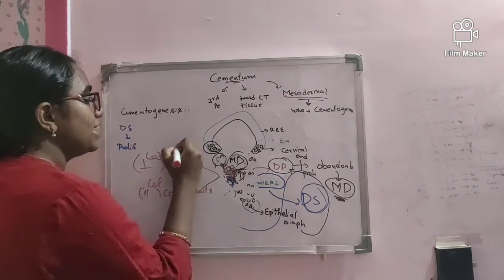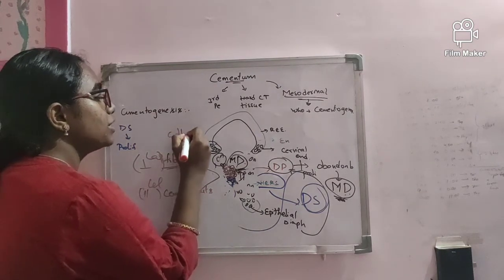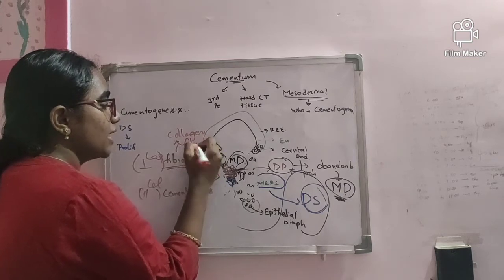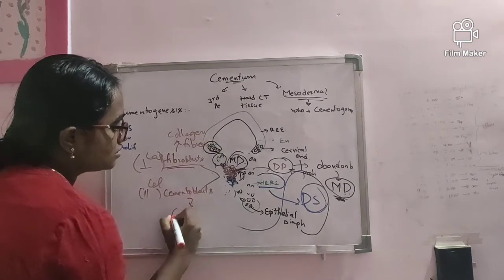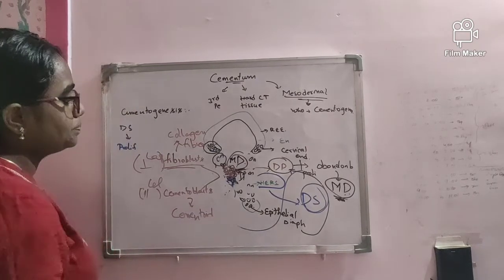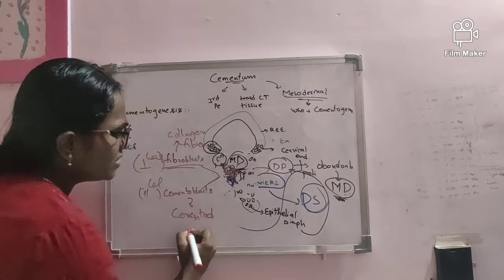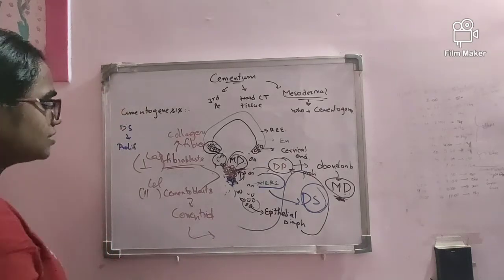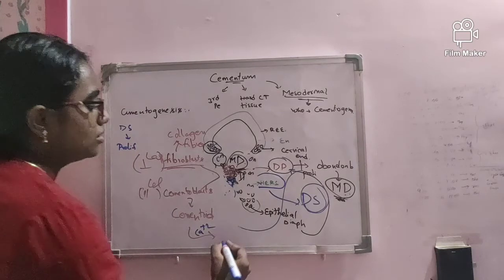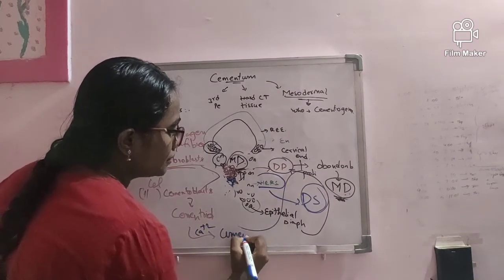From fibroblasts, collagen fibers are formed, and from cementoblasts, cementoid is formed, which is primary cementum, and it undergoes calcification to form cementum later.